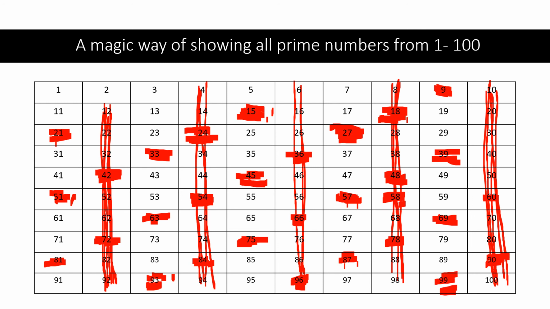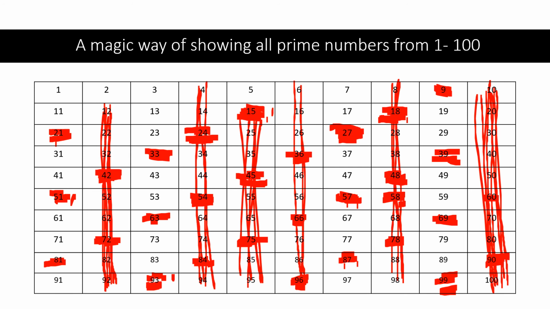Now 5 is a prime number, so let's color all the cells containing multiples of 5, meaning the last digit must be 5 or 0. And this column has already been colored.